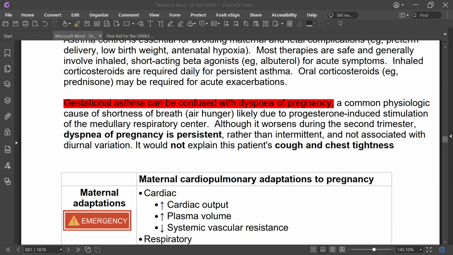It would not explain this patient's cough and chest tightness. So in asthma there is cough, chest tightness, wheezing present, but in dyspnea of pregnancy it is persistent, just like air hunger.